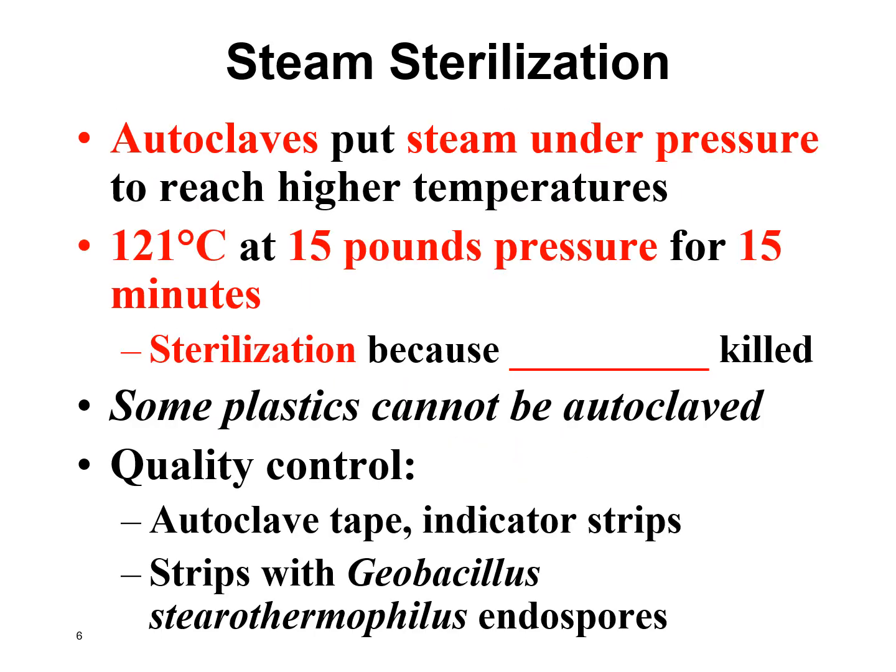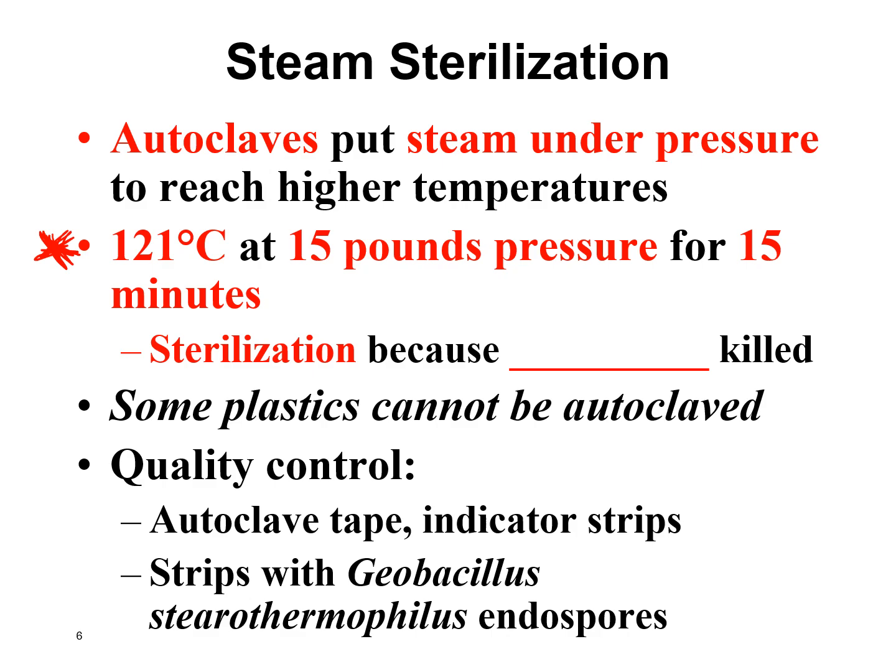Okay, but another way we could use moist heat is we can use an autoclave. And so what we're going to do here is we're going to put steam under pressure, and that'll allow the steam to reach a much higher temperature. So the steam will reach a temperature of 121 degrees Celsius. And remember that water boils at 100 degrees Celsius.